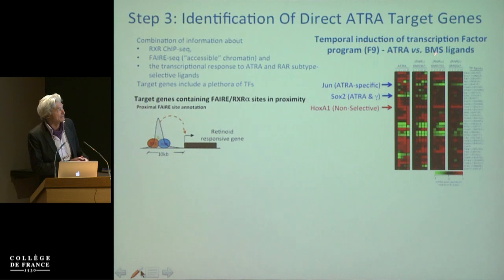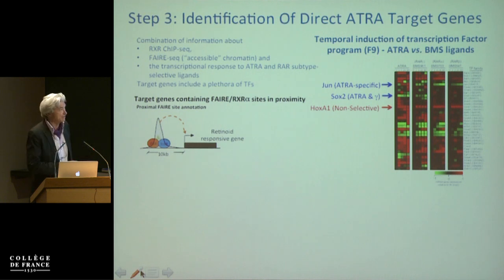Then here we use the F9 cells and we activate them. I can't read it properly, but I guess this is the gamma ligand, the alpha ligand, and the beta ligand. Now what you see immediately, this is the activation pattern of genes, is that there are very different responses to alpha, beta, and gamma, arguing also that these receptors have different consequences for gene activation. For example, if you look at HOXA1, one of the very early detected genes, HOXA1 doesn't care whether it's ATRA, alpha, gamma, or beta specific ligand.